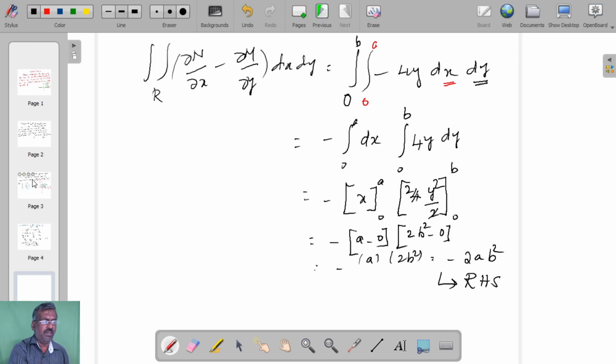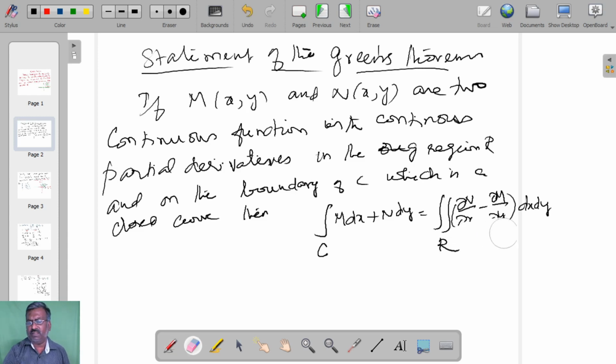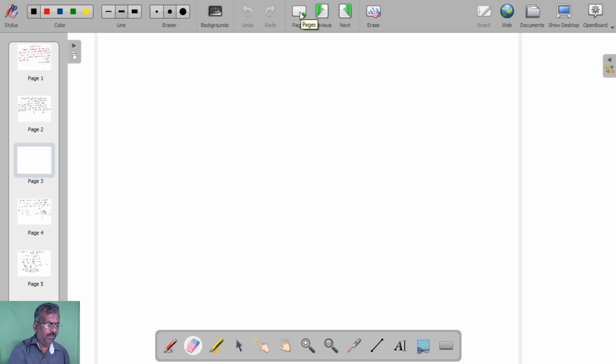Okay, see this formula. This one is the double integral over R of dou n by dou x minus dou m by dou y. So now we are going to see about the left hand side. We have to find the integral for the left side.